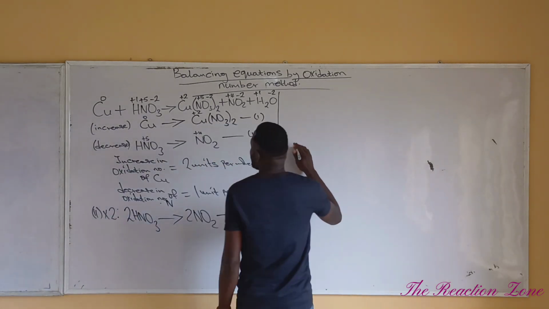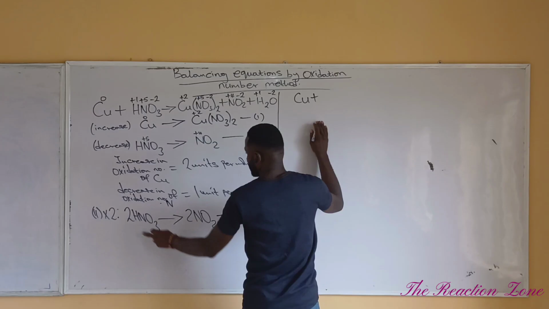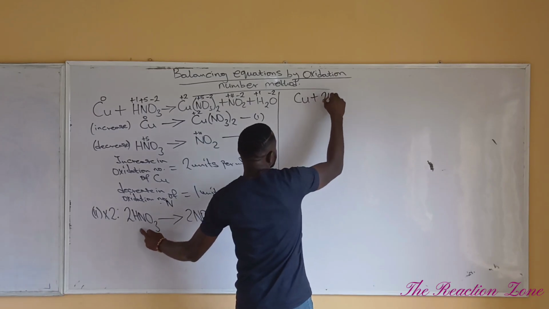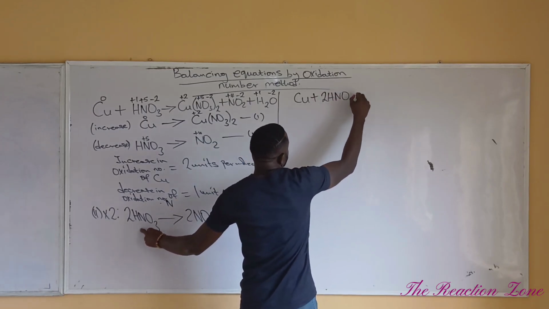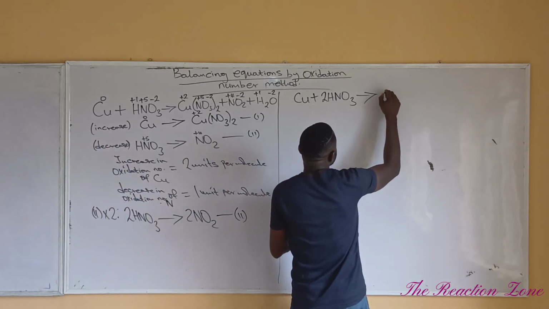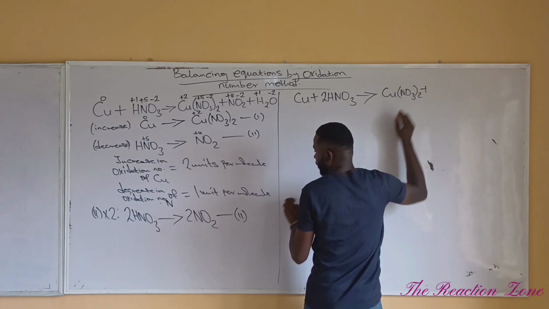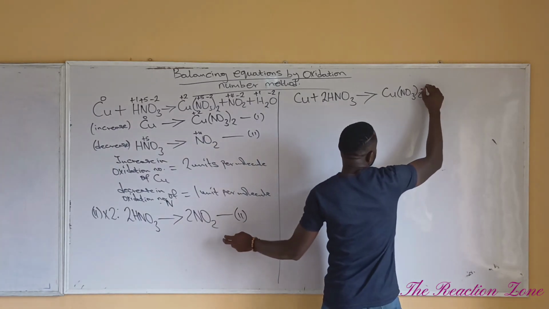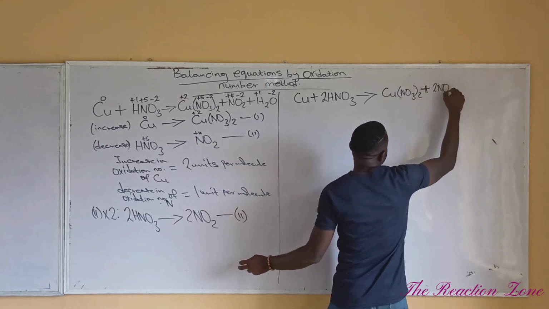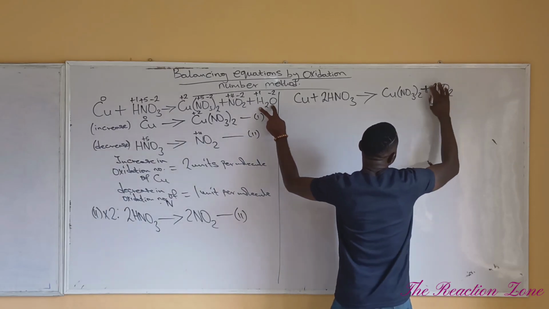So when we add them, we have copper plus 2HNO3 to give CuNO3 2 plus 2NO2. And then we're going to have to add this water that is in the original equation here.